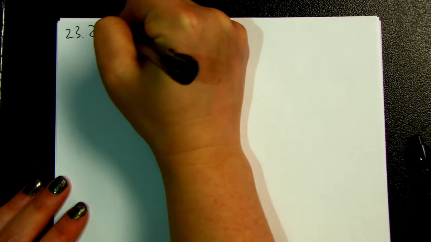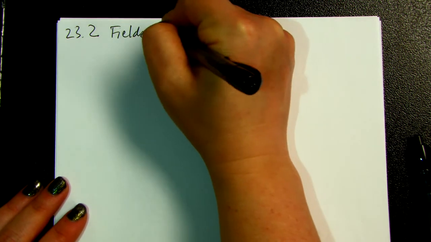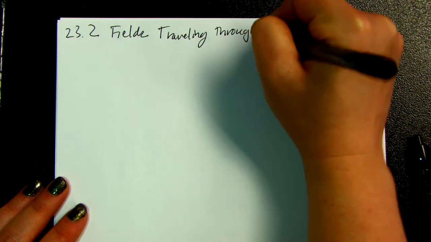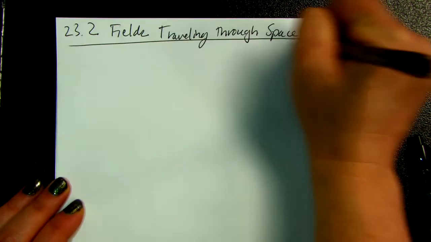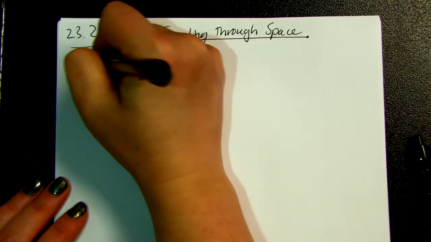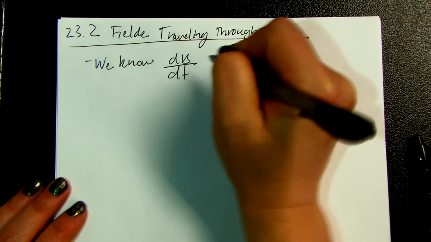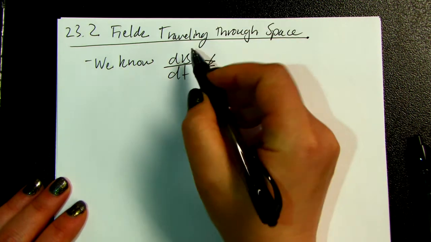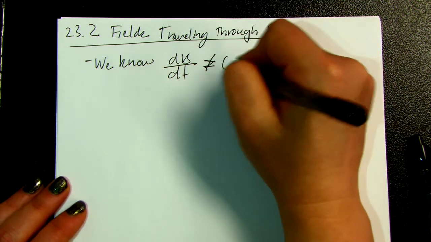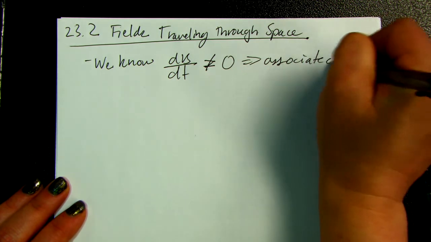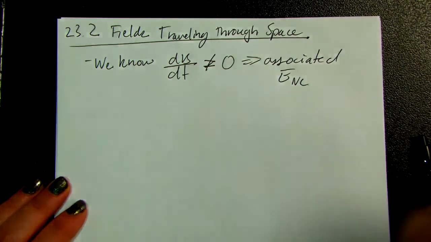And let's start going into the next section of chapter 23. Fields traveling through space. So, we know that if you have a non-zero change in magnetic field with respect to time, then you have an associated E non-Coulomb.